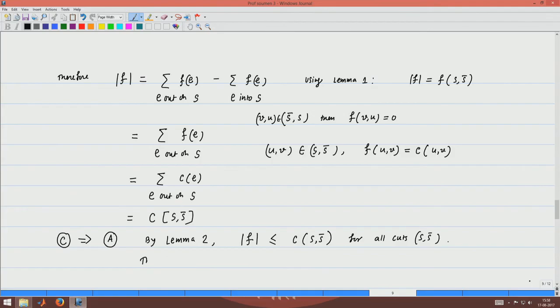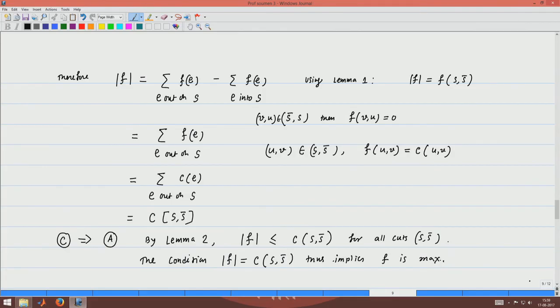Thus, the condition C says that there exists a cut for which the flow value is equal to the capacity of that cut. Thus it implies f is maximum, because f is always less than or equal to the capacity of the cut, and when the equality holds, that is the maximum flow.